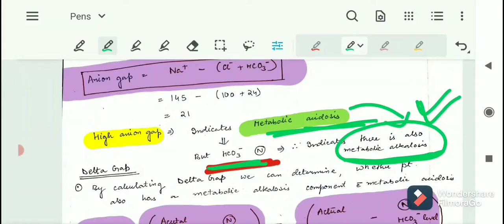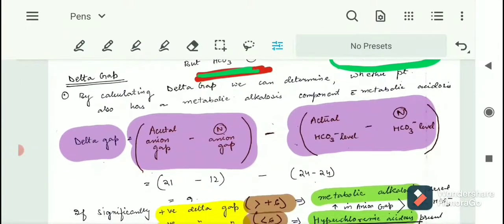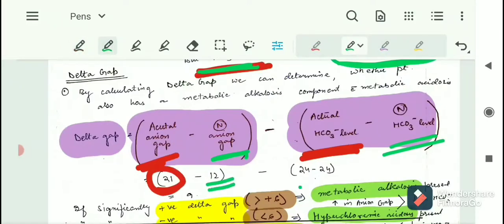This can be confirmed by delta gap. We can determine this by delta gap. What is delta gap? Actual anion gap minus the normal anion gap, whole minus actual bicarbonate level minus normal bicarbonate level. Now in the given problem, the actual anion gap was 21 and the normal anion gap is 12. The actual bicarbonate level was 24 and normal is also 24.